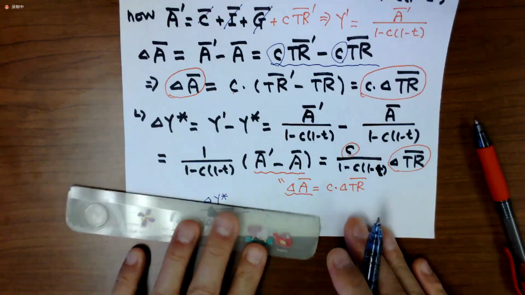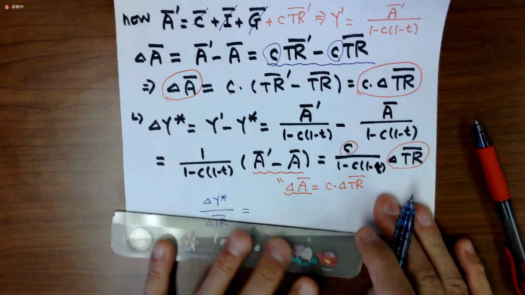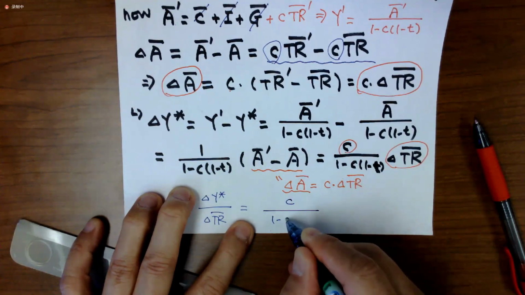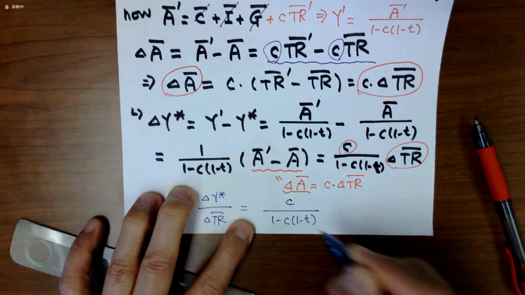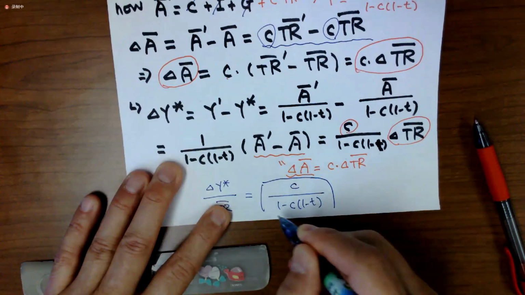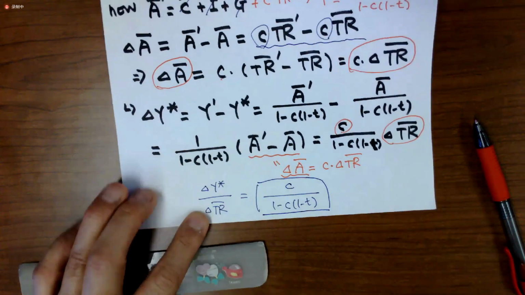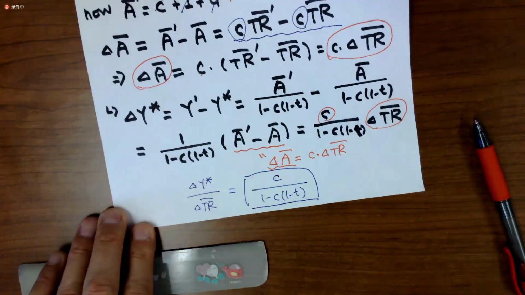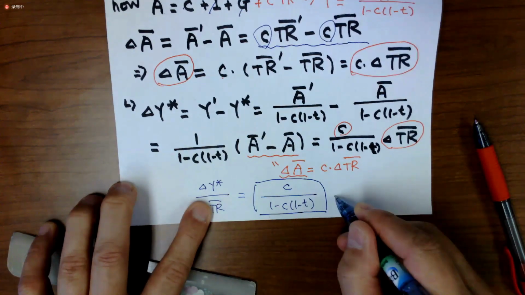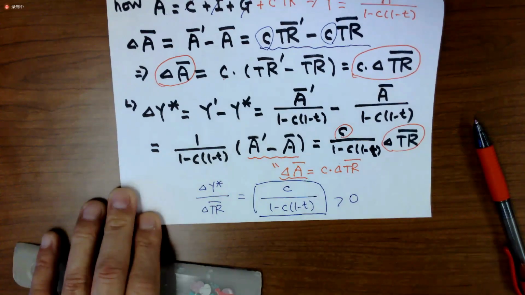Therefore, C over 1 minus C, 1 minus T. Agree? So this is our expression for the transfer payment multiplier. Positive or negative? Positive. Lovely.